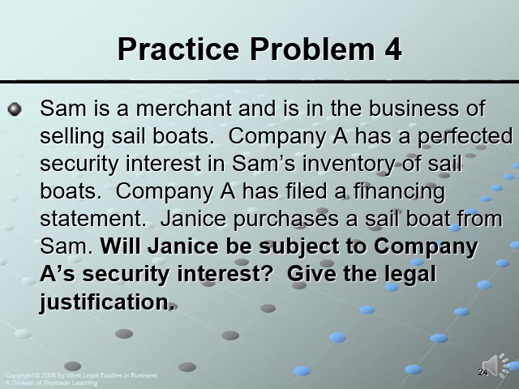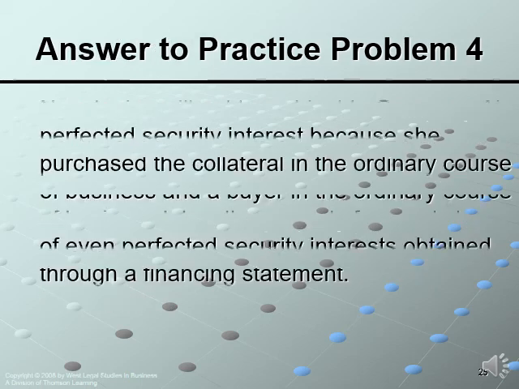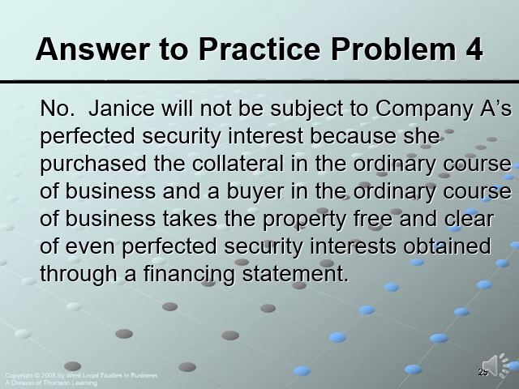Because Janice is a buyer in the ordinary course of business, because Sam is a merchant, she will not be subject to that security interest. She will have priority over all creditors, including perfected secured creditors. So the answer is no, she will not be subject to the security interest because she's a buyer in the ordinary course of business because she purchased from a merchant.